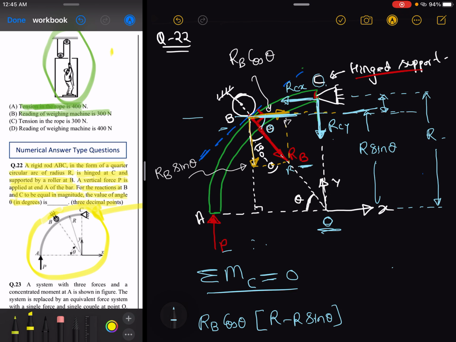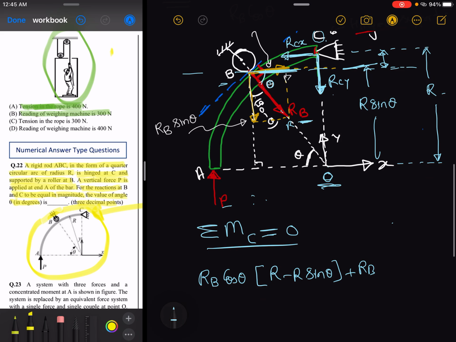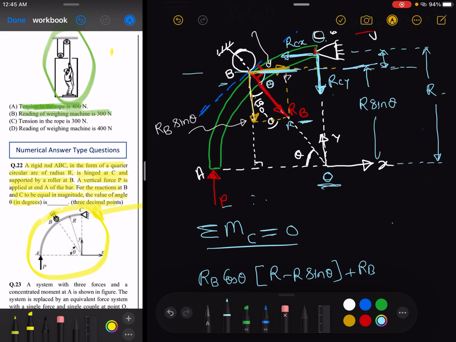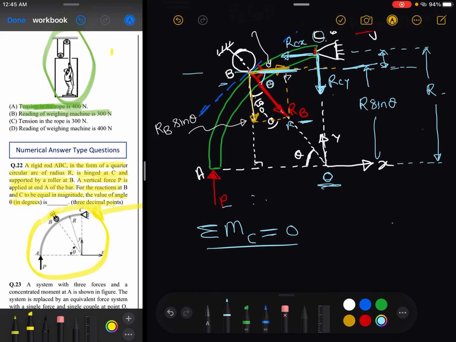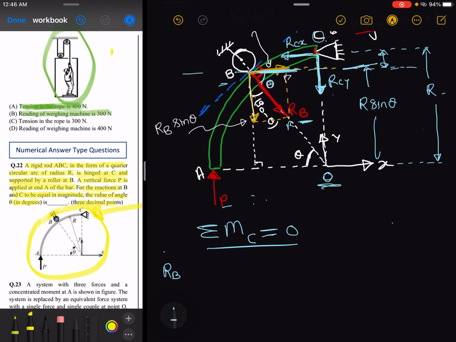Also from the RB sin theta, let us clear this. Okay, I am writing once again in a single line. So this is RB cos theta into R minus R sin theta plus RB into sin theta.